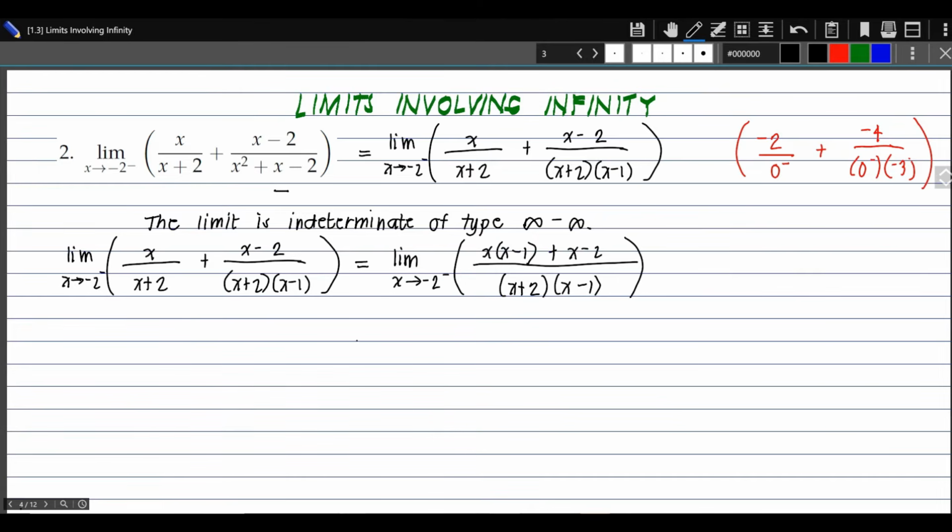If we expand the numerator, we have the limit of x squared minus x plus x minus 2 all over x plus 2 times x minus 1 as x goes to negative 2 from the left. Simplifying, this becomes the limit of x squared minus 2 all over x plus 2 times x minus 1.